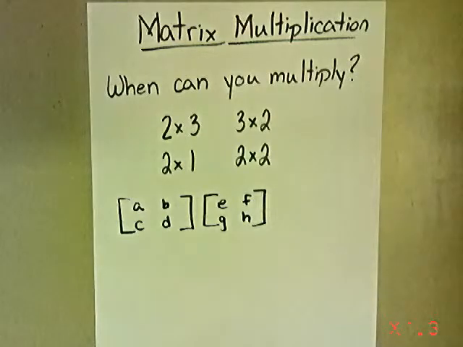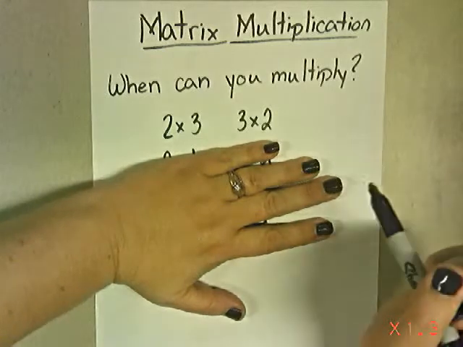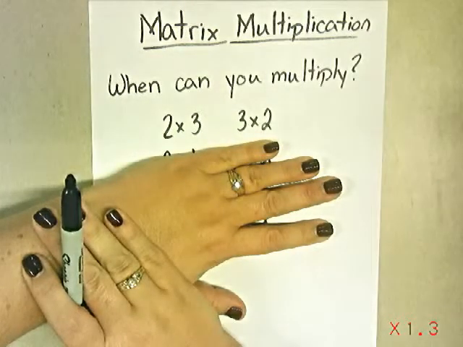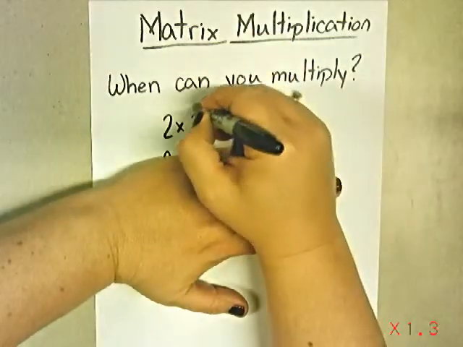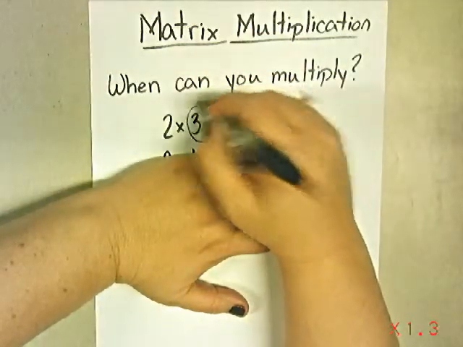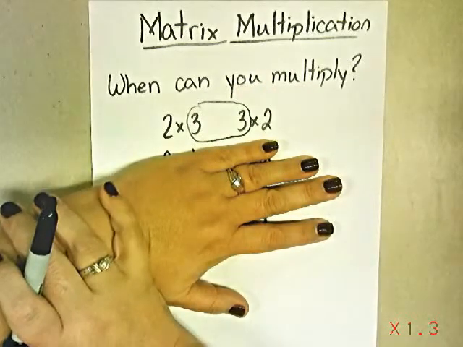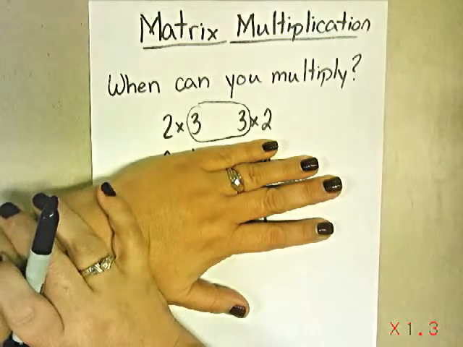Let's pretend that I had given you a 2 by 3 matrix and then we were going to multiply it by a 3 by 2 matrix. This is allowed. What you have to check for is that these two middle numbers have to be the same. If they're not the same, you cannot multiply the matrices together, and you would just say it's undefined.